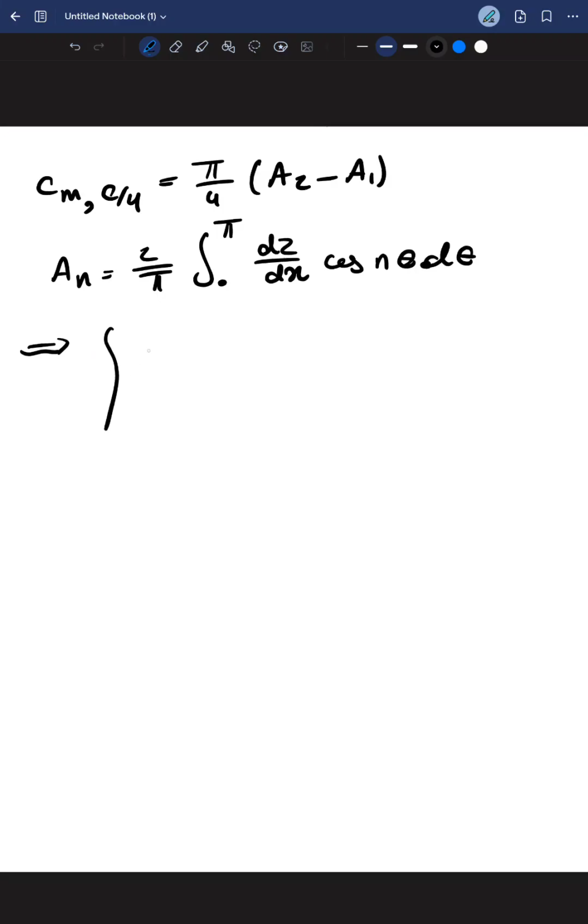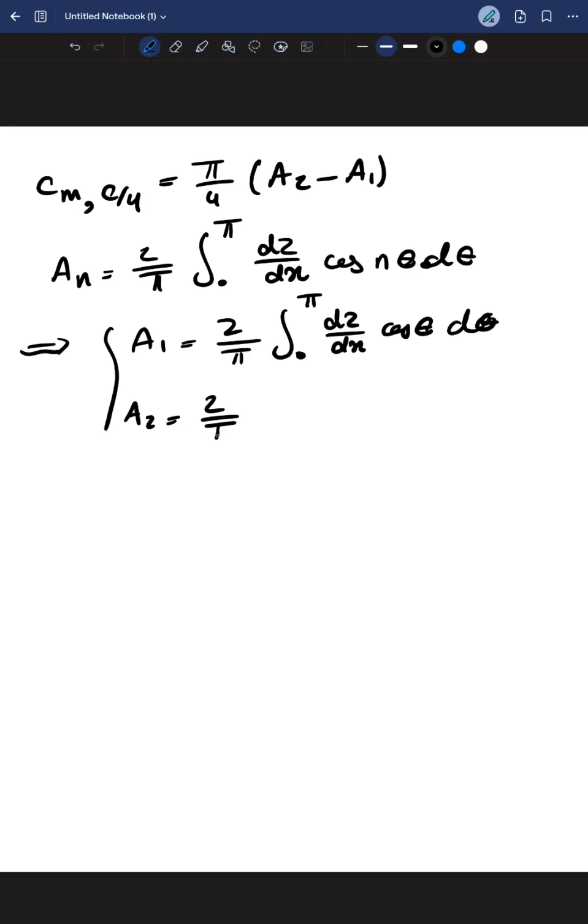Which means that A1 is 2 over pi integral from 0 to pi dz/dx cosine of theta d theta, and A2 is 2 over pi integral from 0 to pi dz/dx cosine of 2 theta d theta.